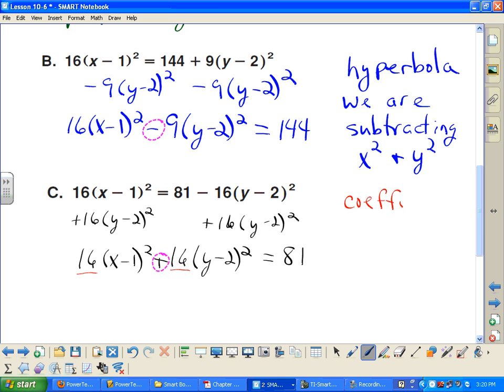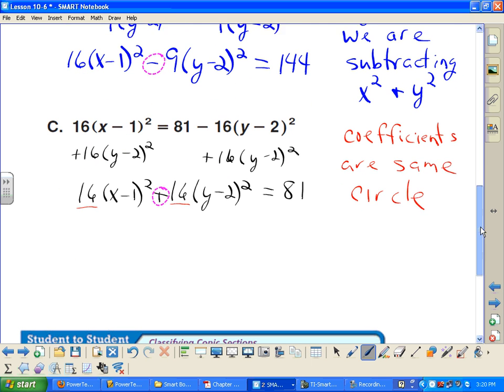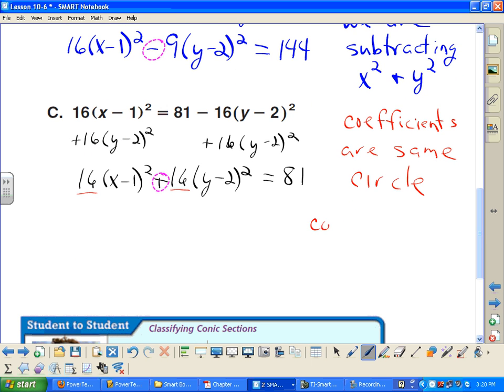Coefficients are the same, that's a circle, all right? And if the coefficients are different, then it's an ellipse.